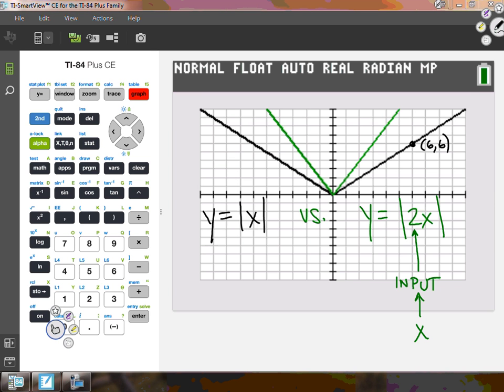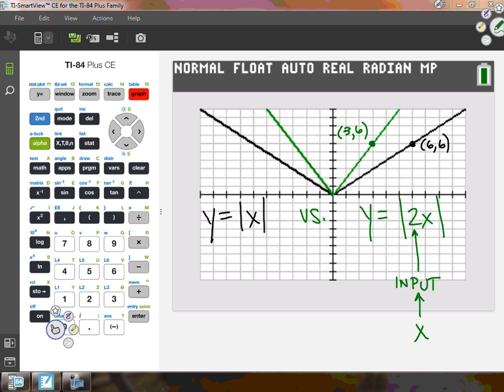Don't think vertically, think horizontally. So look left until you get to a green dot. How about right there? That point would be at 3, 6. So the point 6, 6 on the original function is now at 3 comma 6 on the transformed function.